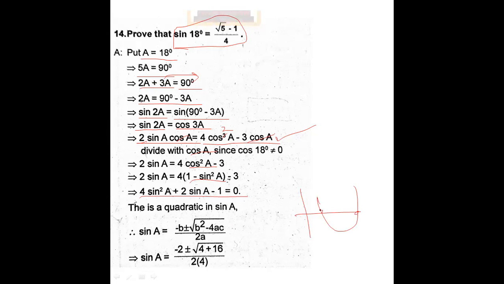What is that formula? Minus b plus or minus root of b square minus 4ac by 2a. Now apply a, b and c in this formula. Minus 2 plus or minus root of b square minus 4ac by 2a. Simplify this, you will get it as root 5 minus 1 by 4.